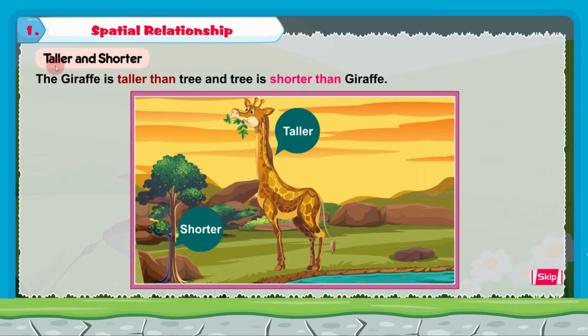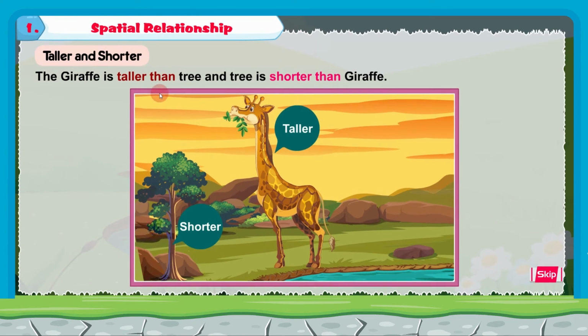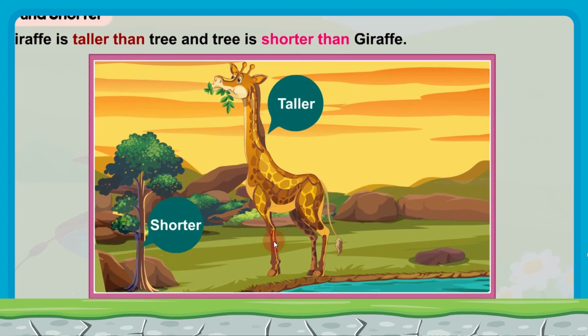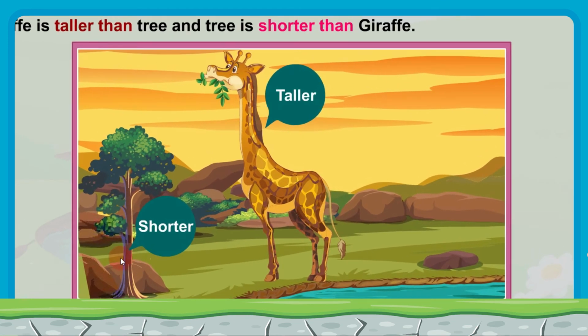The next topic here is taller and shorter. T-A-L-L-E-R, taller. S-H-O-R-T-E-R, shorter. In this picture you can see a giraffe and a tree here. The giraffe is tall and the tree is short.